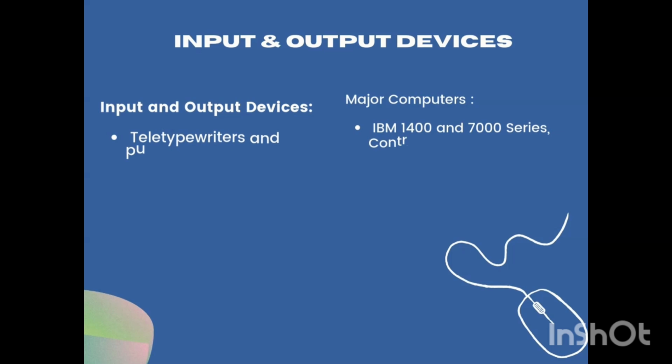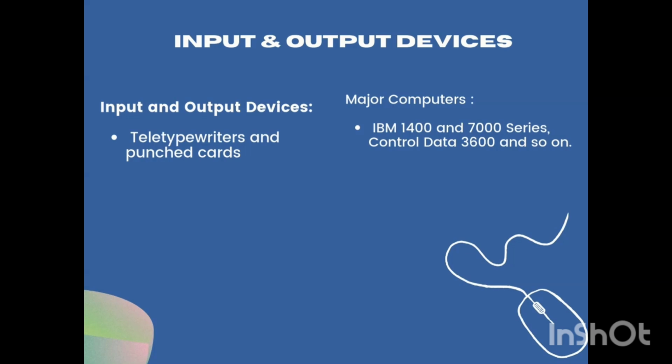For input and output devices, typewriters and punch cards were used. Which major computers were used in second generation? IBM 1400 and 7000 series, Control Data 3600, etc.